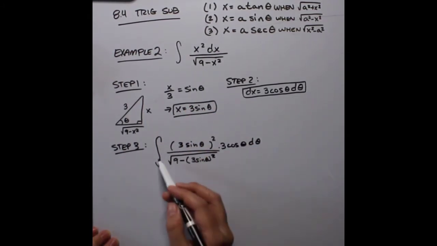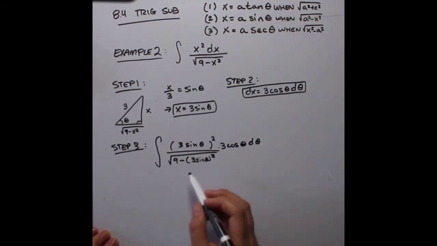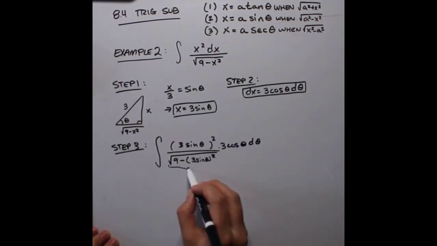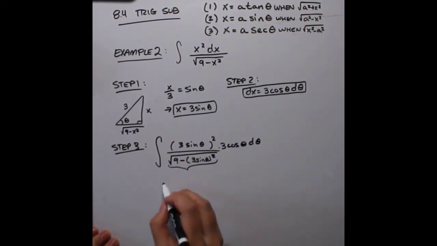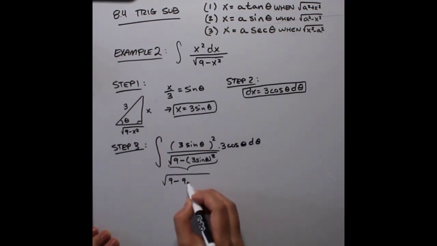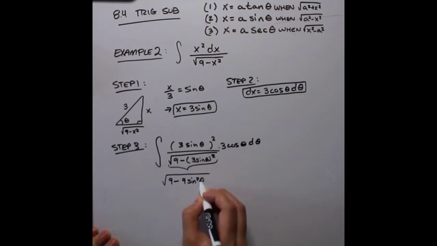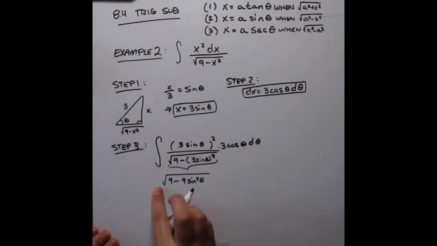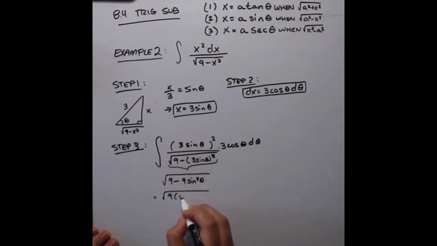Then step 3 is substitute and simplify. So let's start simplifying this. I'm going to work with the square root again and break that down first. This is 9 minus, if you square this, you get 9 sine squared theta. Then we're going to factor out, just working with the square root here, not the whole integral, a 9. This is 1 minus sine squared theta.